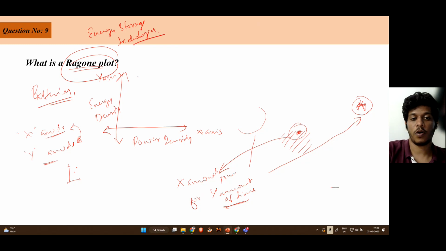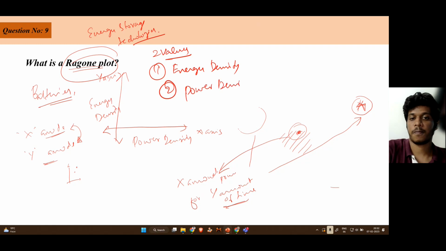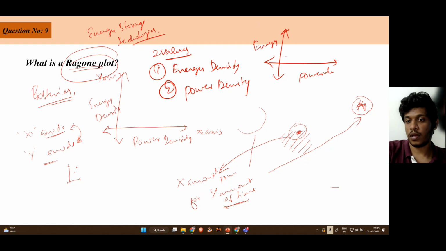Here we plot two values: energy density and power density. In the x-axis, we have power density, and in the y-axis, we have energy density. Each point in this plot gives us information about how the energy storage device performs.